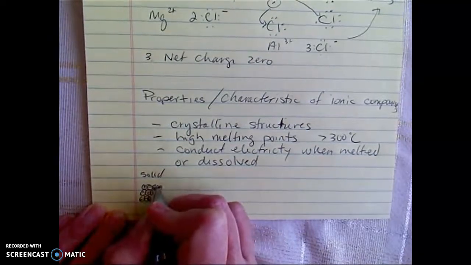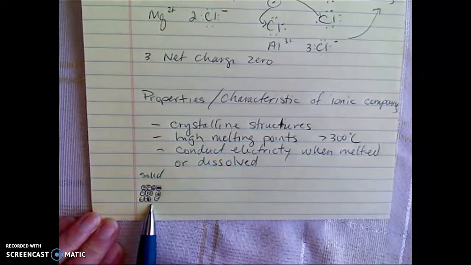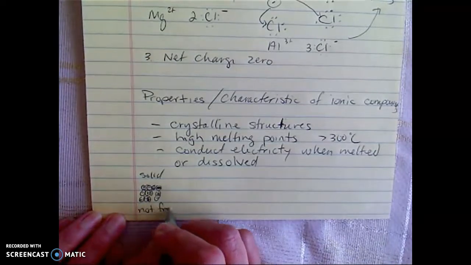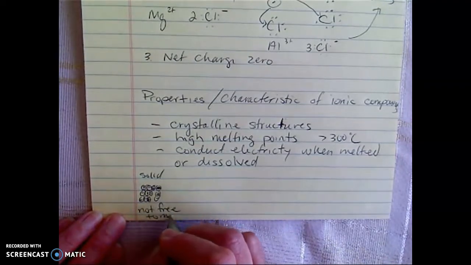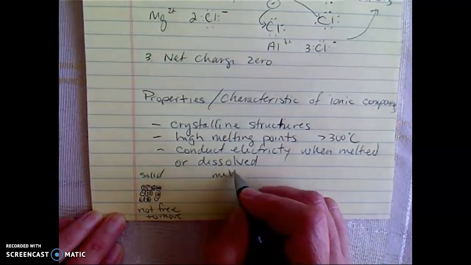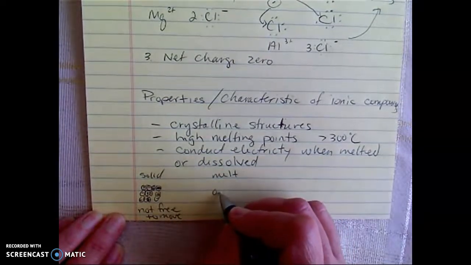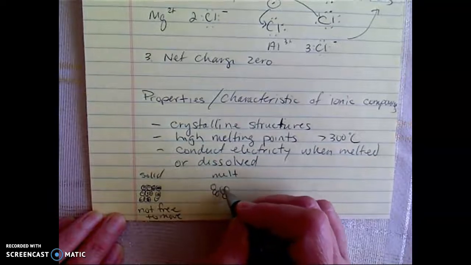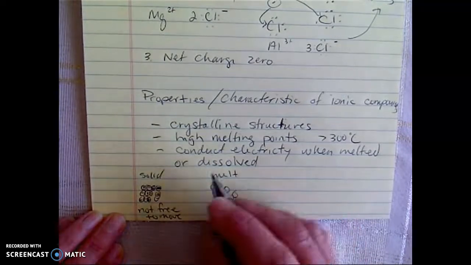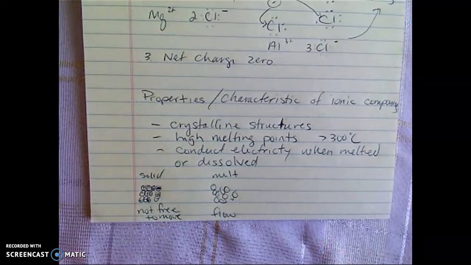Okay? And they're stuck like that. They vibrate in place. They're not free to move. However, if you take this and you melt it, you're going to see these moving around like a liquid. Okay? They flow. And now your charges are all over.